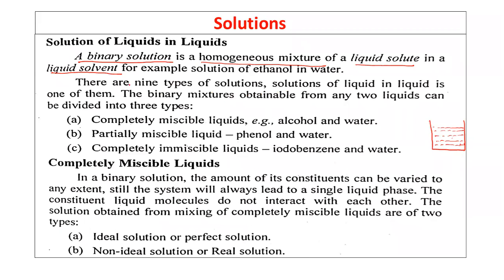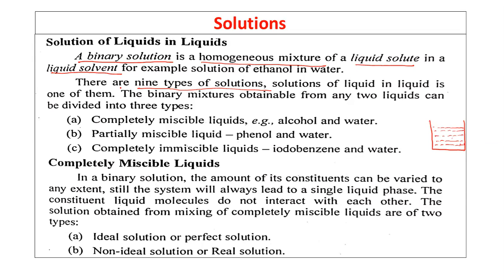Actually, there are 9 types of solutions. Solutions of liquid in liquid is one of them. The binary mixture is obtained from any two liquids. You can take any two liquids, and if they are mixed and there is a homogeneous mixture, then the solution can be formed.